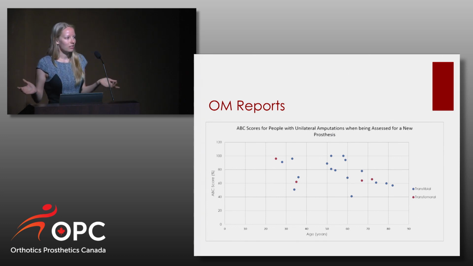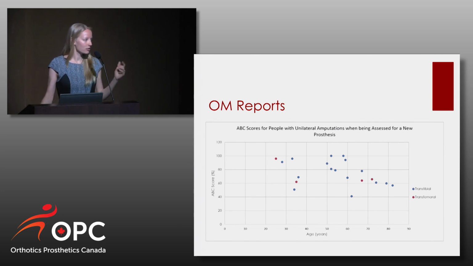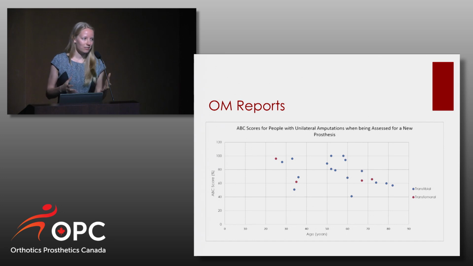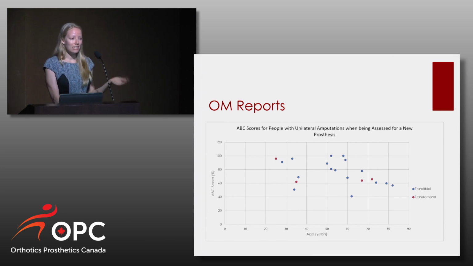What's the normal ABC score for a person in Canada who has a transtibial amputation? We have no idea. But if we all did this, or if a couple of clinics did this for 1 year and pooled all the data together, we'd be able to get studies with numbers in the hundreds rather than 20 here, 20 there. So this is something that is very doable and very easy when you're using electronic ways to keep track of your data.